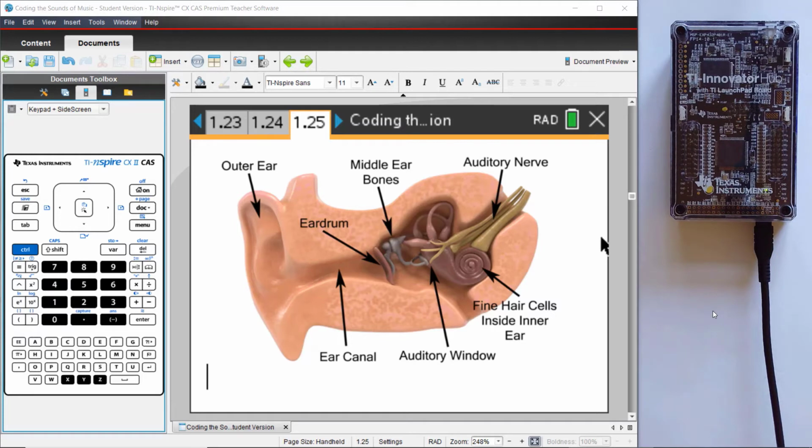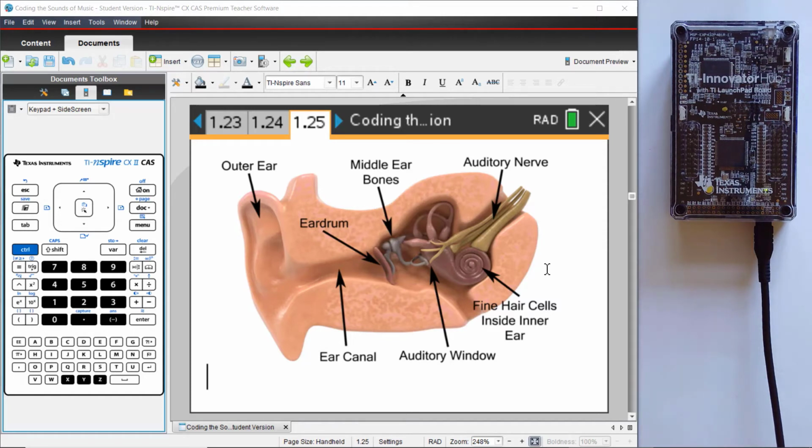Those middle ear bones are a set of bones that freely move back and forth to conduct that motion to the auditory window of the inner ear. The inner ear is actually the organ of hearing that has a circular structure filled with fluid, and hairs are suspended within that circular structure.